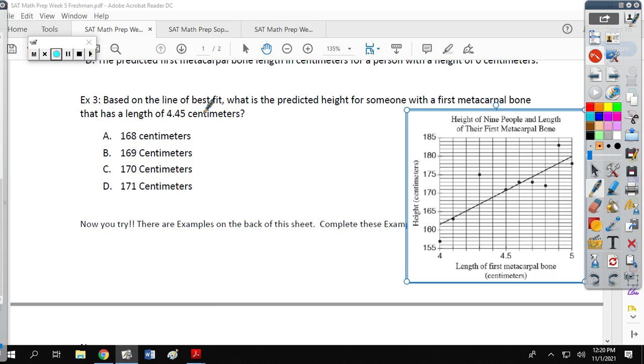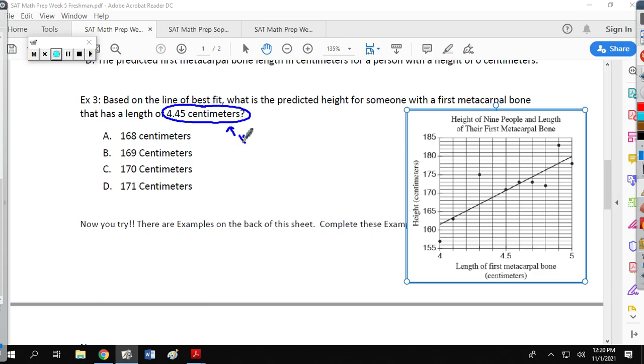So we need to realize that a metacarpal bone, 4.45 centimeters, that is an x value. So we go to our line of fit and we locate 4.45. Now remember that these lines are each 0.1. So this is 4.1, this is 4.2, etc. So this is 4.4 at this line. 4.45 would be halfway between 4.4 and 4.5.